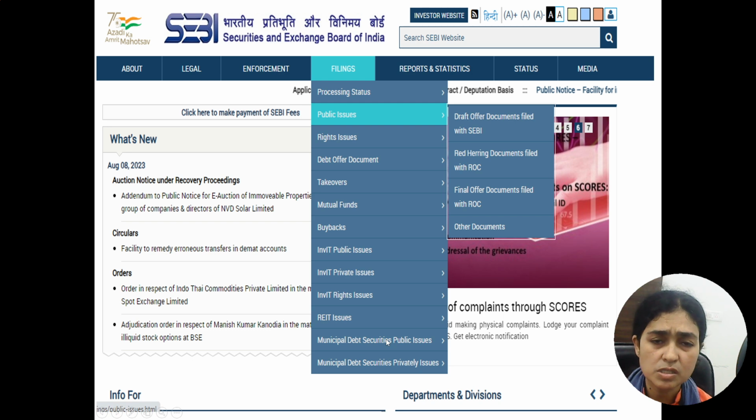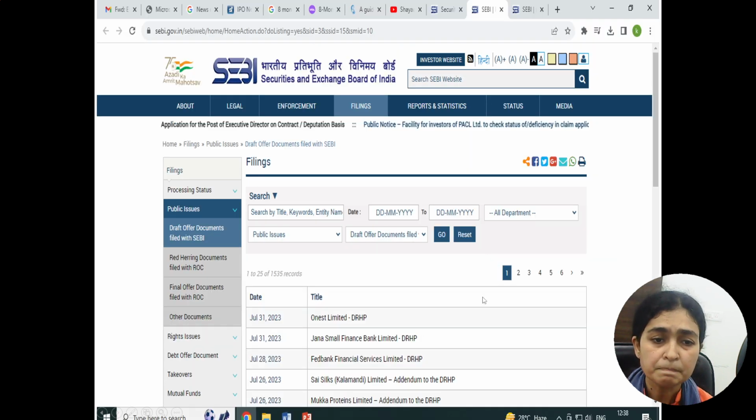This is just a screenshot to understand that if you want to go for a red herring prospectus, or if you want to understand what you mean by a draft offer document, or if you want to understand where public issue IPO related documents come from, this is the site that you need to visit. It's a SEBI site. Go for the public issue, and these are the documents that you can see.